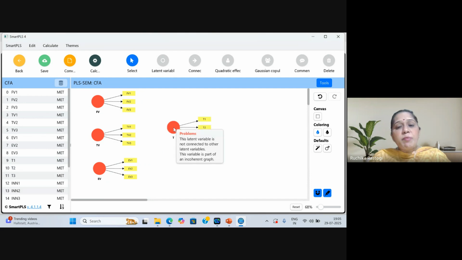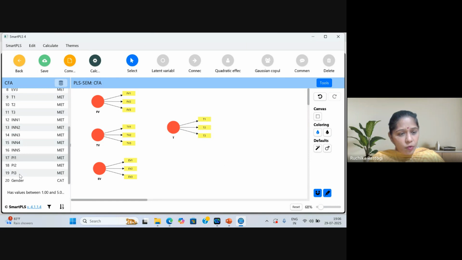Right now, with the help of CFA, we cannot check whether this will work as a mediator or moderator. What we are checking in CFA, remember this, is just whether there is any measurement error or not. Identifying and removing the measurement error will be done with the help of CFA. Whenever we perform regression path analysis, then we will see whether trust is a mediator or moderator.